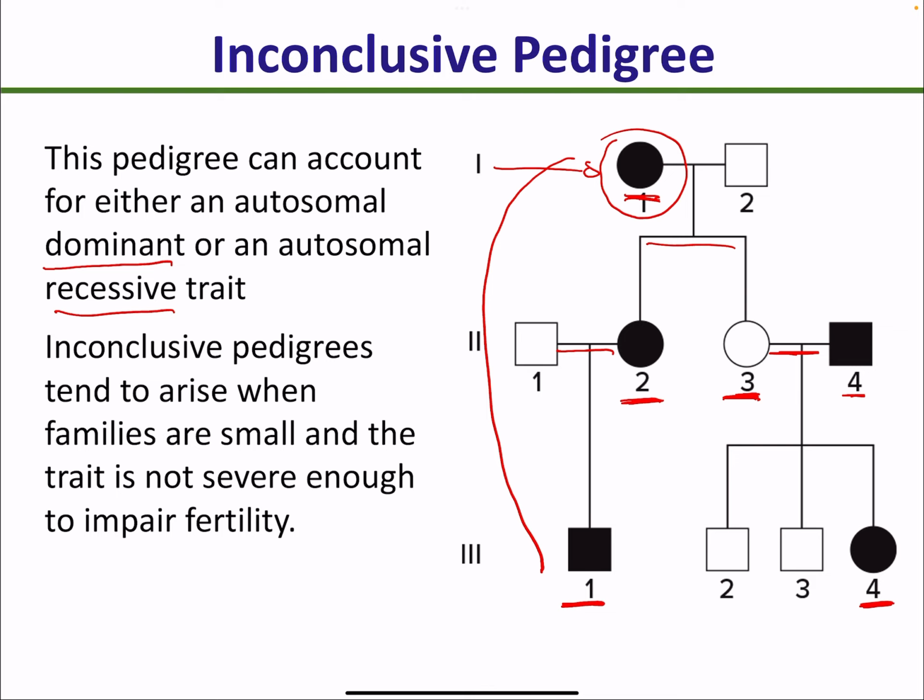But at the same time, though, we notice that this individual here that is normal, and this individual here that is abnormal and who is marrying someone with alopecia, is producing offspring where many of them are normal, and a limited number of them have alopecia.